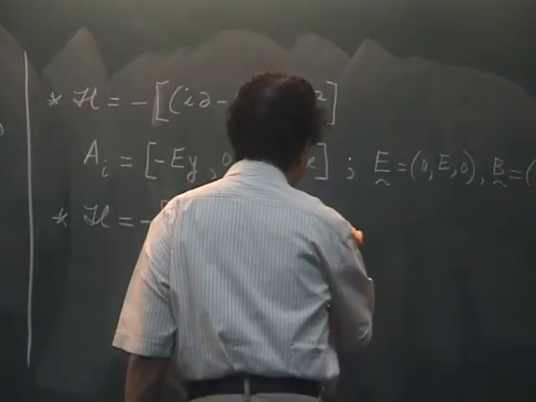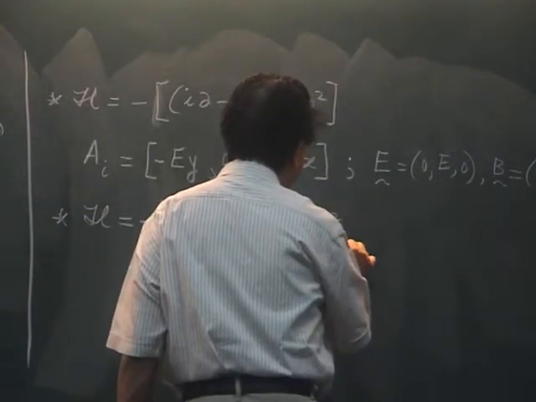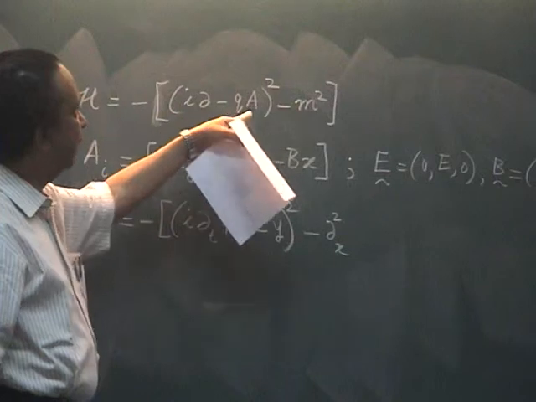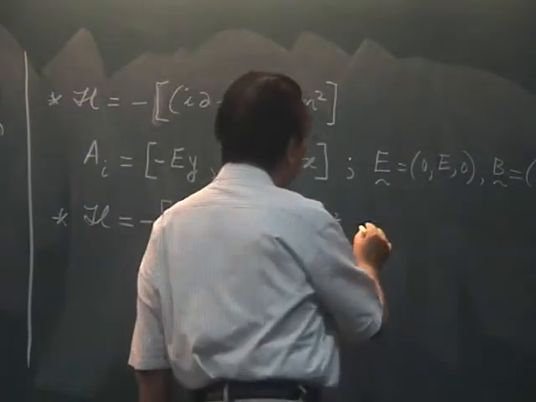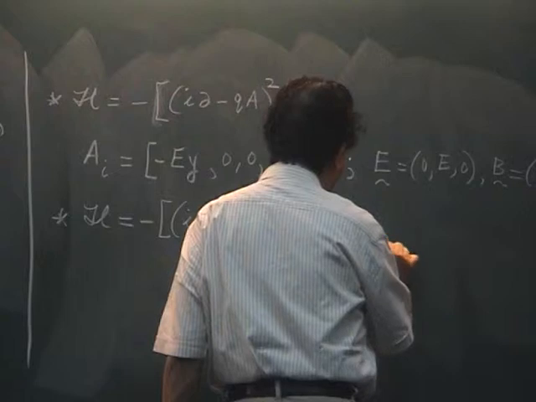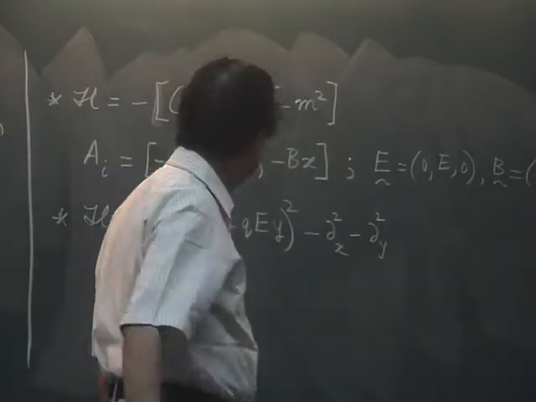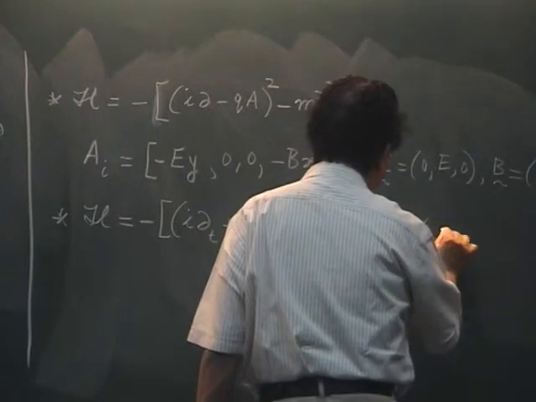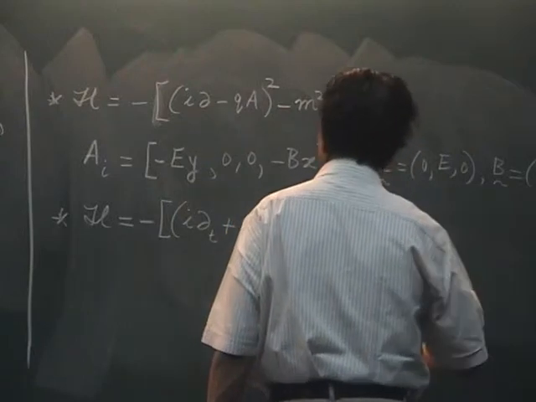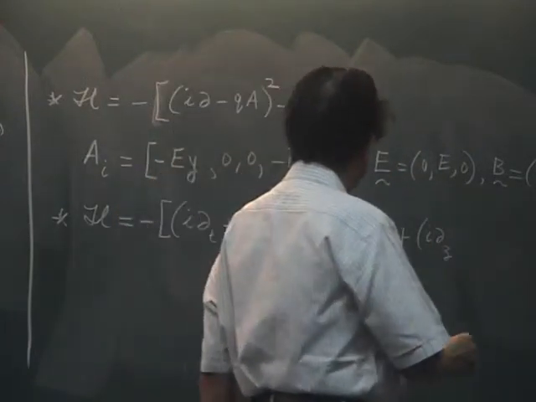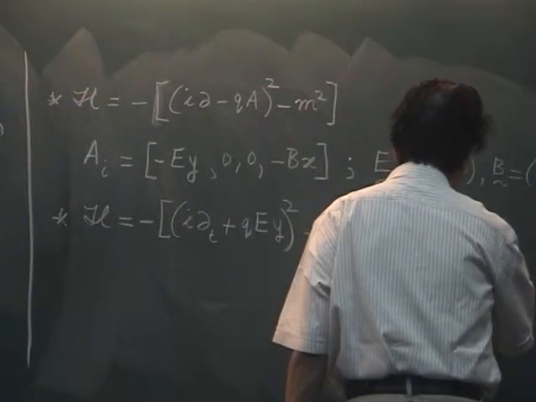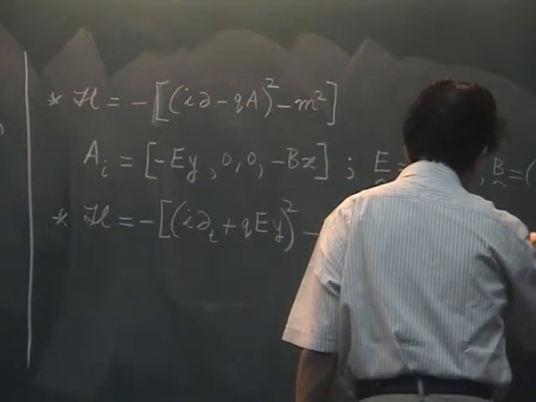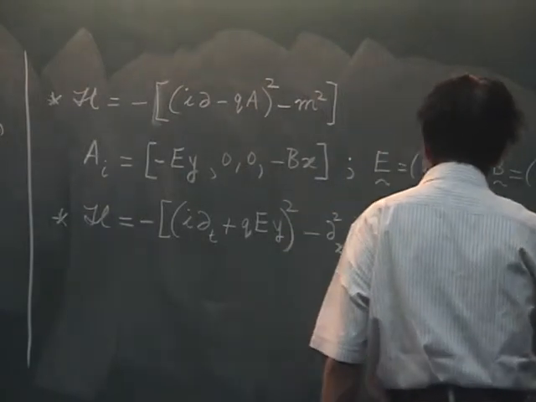So it is just minus d square by dx square. Then I look at y, and y also I have this y here, but A_y is 0, so that is going to be minus d_y square. Then I come to the z, so then I will have plus i d_z, and this is what contributes there, plus q B x, the whole square, and minus m square.